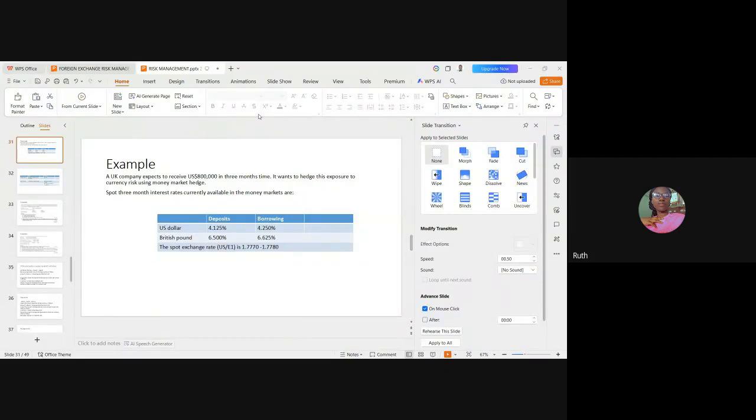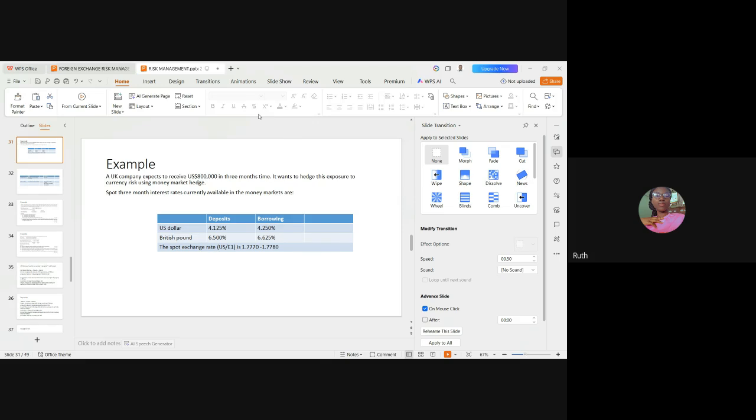rate. So are we depositing or are we borrowing? So for us to receive, we are going to borrow, and we are going to borrow in the foreign currency, which is 4.250%. And that is per year, so we are going to prorate it to 3 months.